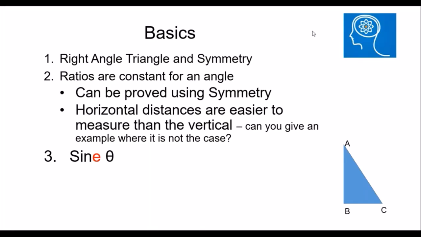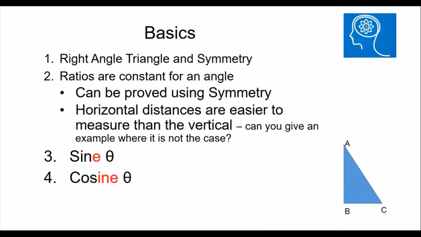Suppose we take angle C. Here the opposite side to that angle is AB and the hypotenuse is AC. So sine C is AB upon AC.